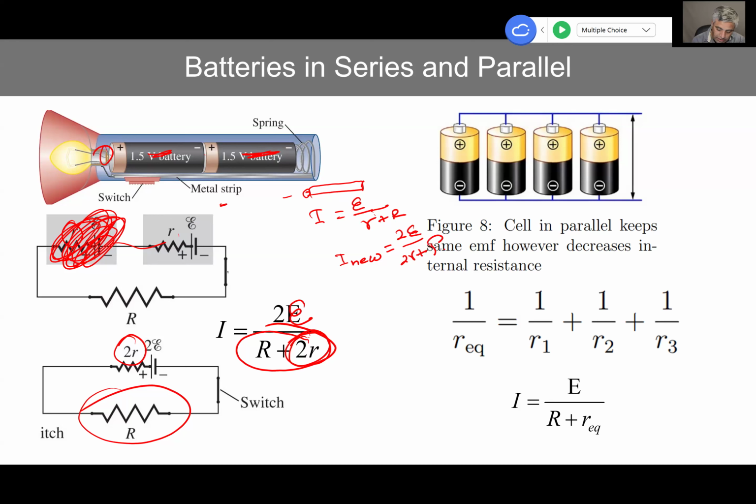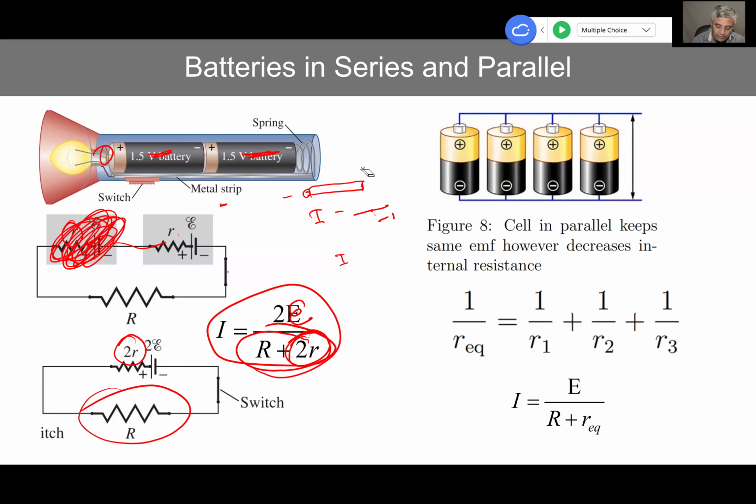Sorry, 2r plus the bigger case, uppercase R. Oh, that's what this is, okay? So you can see here, this I new is not double of I. And why does that happen? Because of the internal resistance of the battery. So that kind of combination is series.